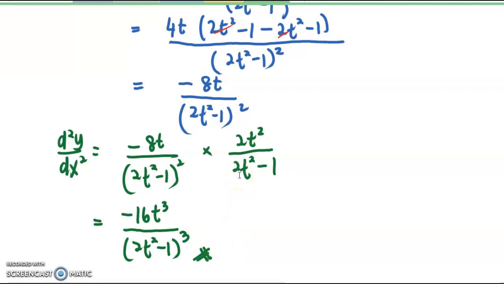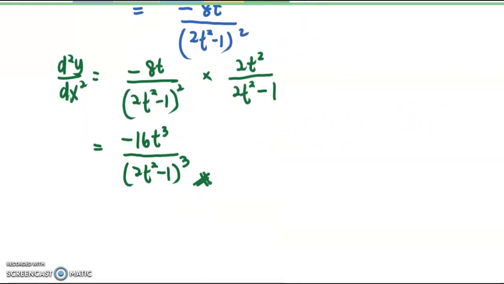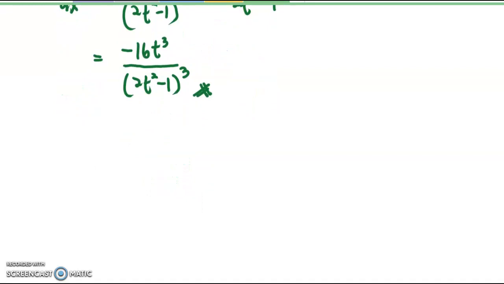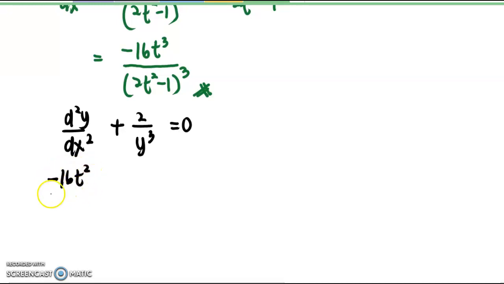Okay, second part for question C, show that d square y over dx square plus 2 over y cubed equals 0. So we are going to substitute negative 16t cubed over 2t square minus 1 cubed plus 2 over y cubed.